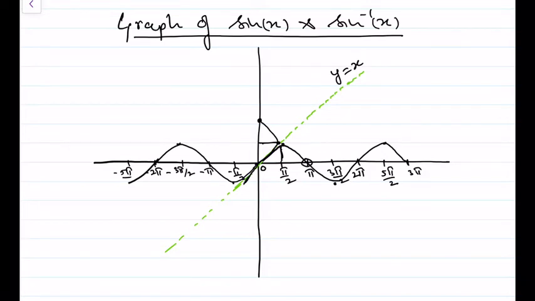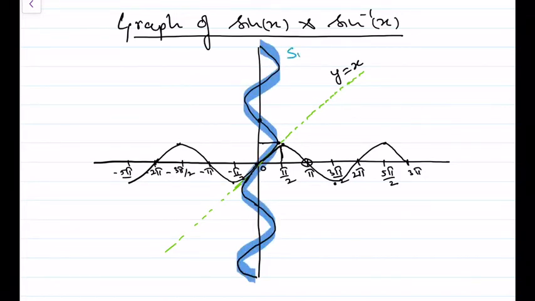So we just draw the reflection of sine x to get the graph for sine inverse x. This blue curve represents sine inverse x, whereas this yellow one is for sine x. And this line y = x is the line of reflection for the restricted range of values of the reflected curve.